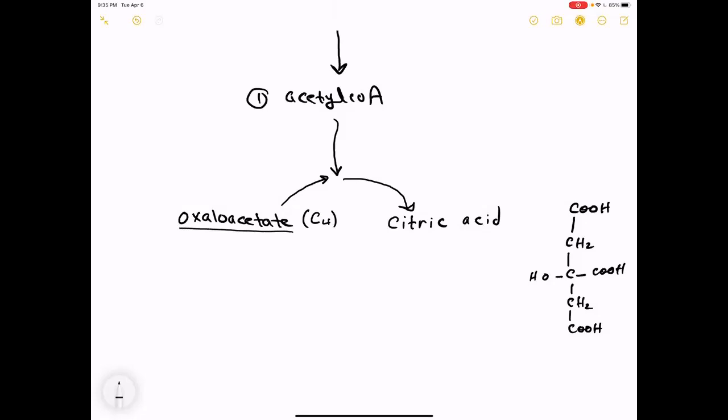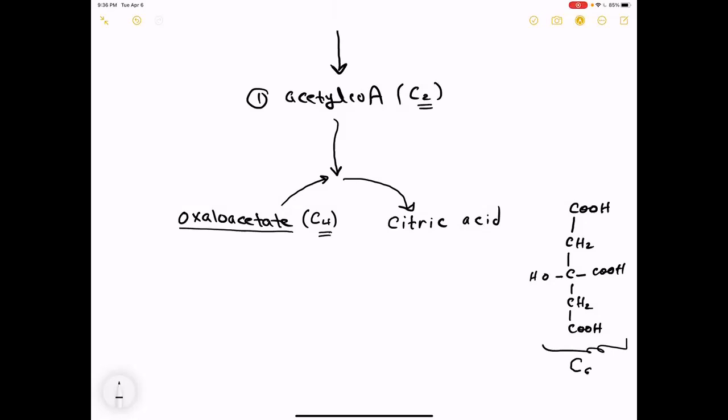You count 6 C's in citric acid. And I expected acetyl-CoA to have 2 C's in it. So C2. I will show you why in a sec, but look, C2 merging with the C4, that's why you have the C6.